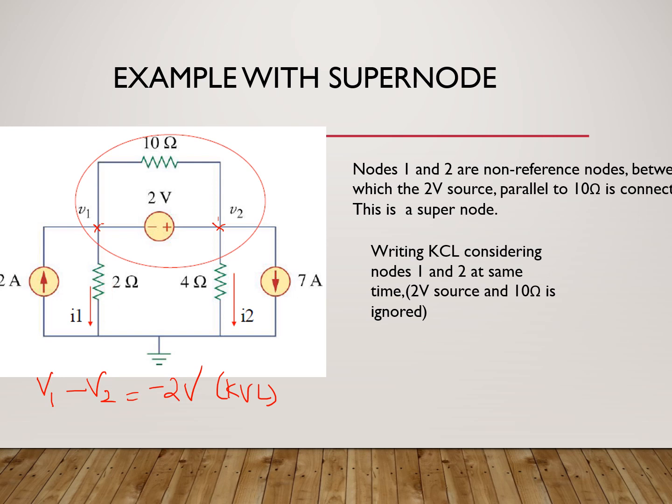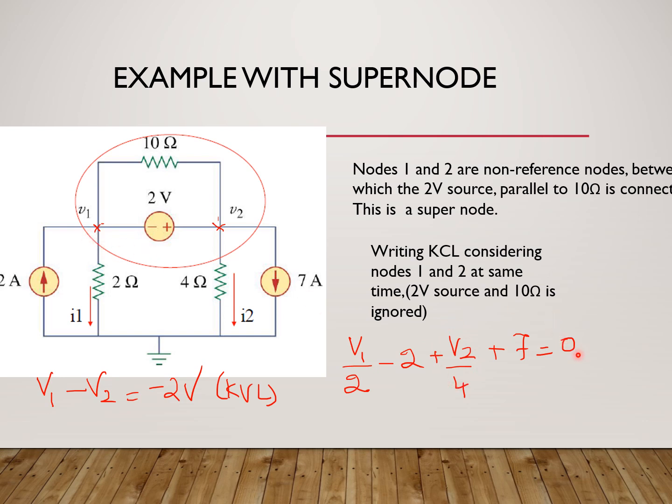So I get an equation like this: V1 by 2 minus 2 plus V2 divided by 4 plus 7 is equal to 0. This has been written considering that V1 by 2 is the current flowing out. There is a current flowing in which is 2 ampere, which I am writing as minus 2, right? And V2 by 4 is a current.